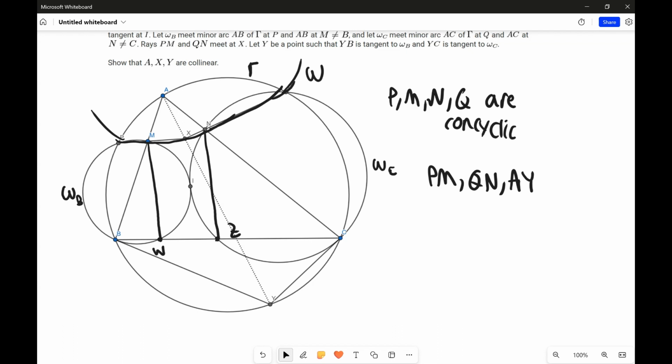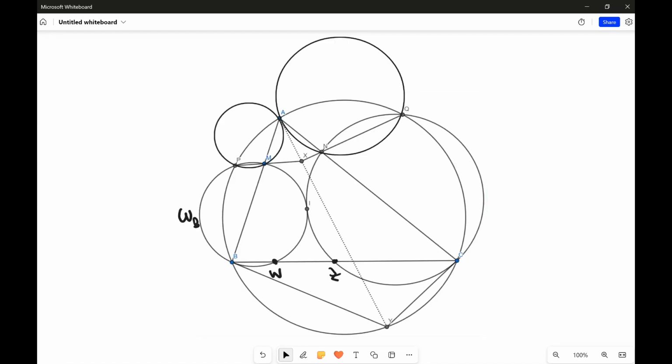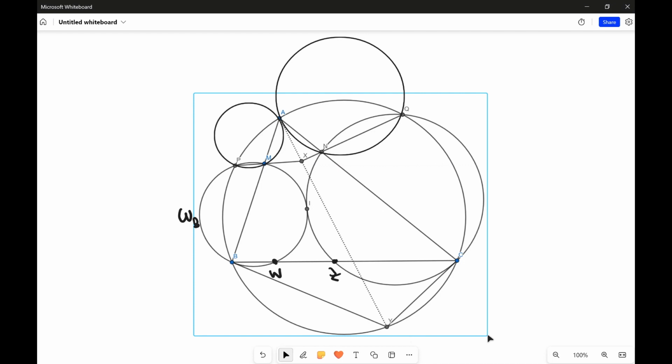And this again makes us think of radical axes. Now we have this circle omega, and now we want another circle that involves the points A, P, M and A, N, Q. And this motivates us to draw the circumcircles of AMP and ANQ. Now I've drawn in these two circumcircles, and now we'd like to show that Y lies on the radical axis of these two circles.